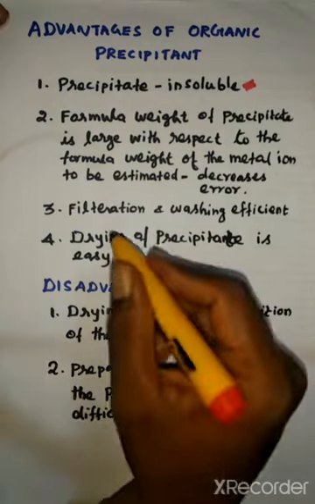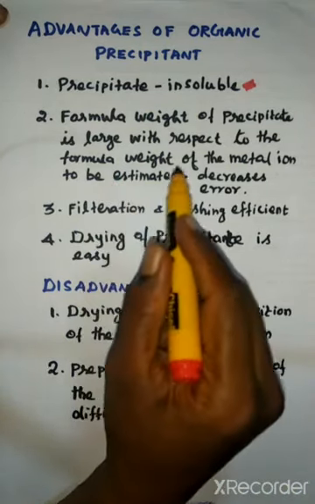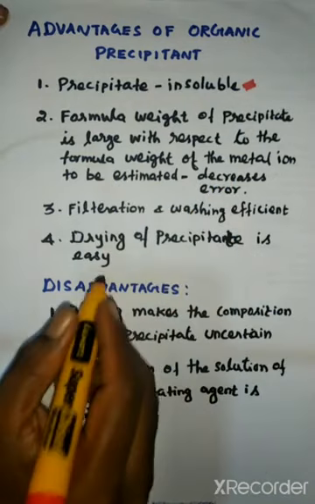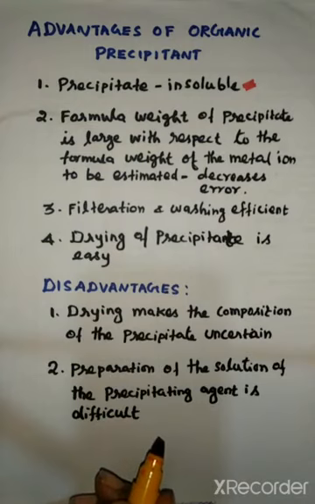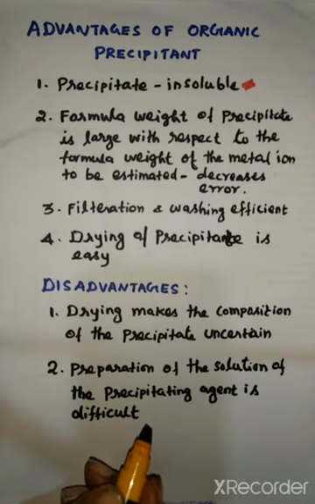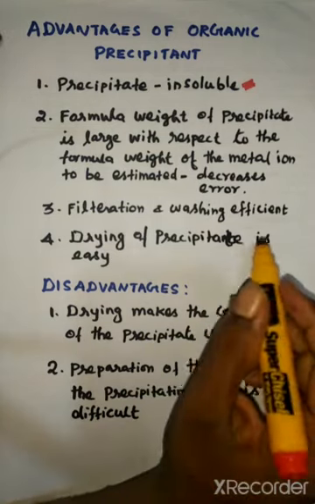Another one: during the filtration, the precipitant should give a large particle size. If it gives the large particle size, this makes the filtration and washing efficient.